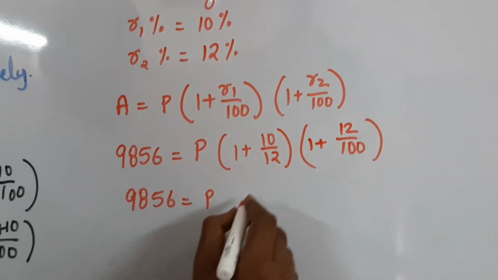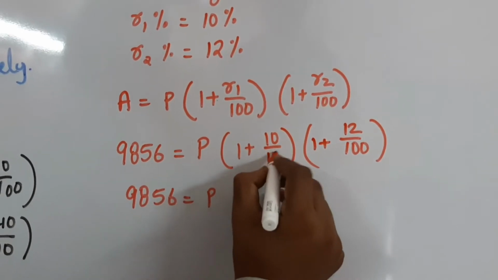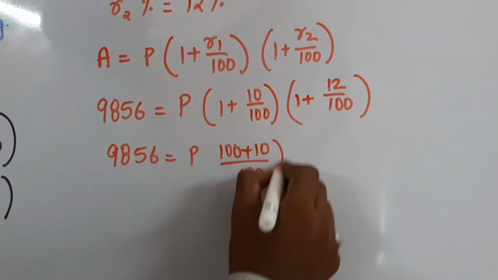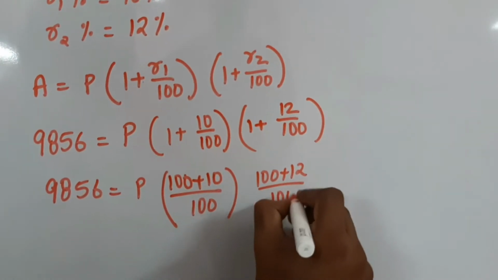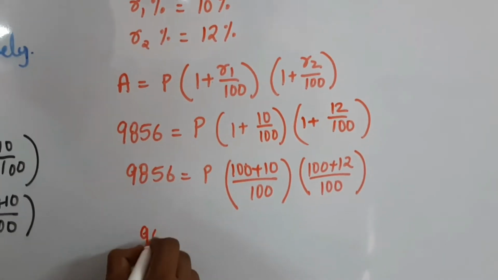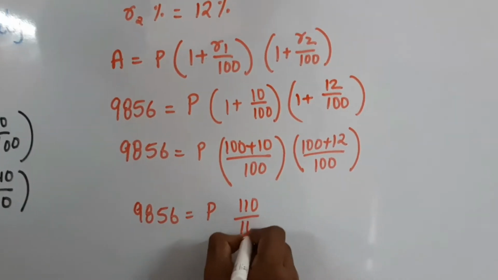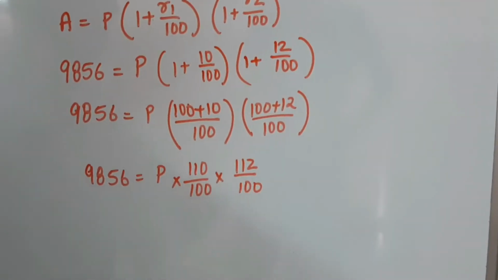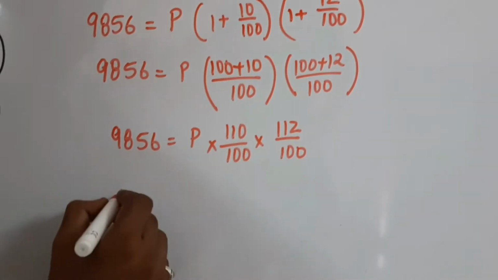This is 100, students. So 100 plus 10 by 100 and 100 plus 12 by 100. I took out the LCM for both. So 9856 is P of 110 by 100 of 112 by 100, students. Hold a second, do not cancel anything, students.